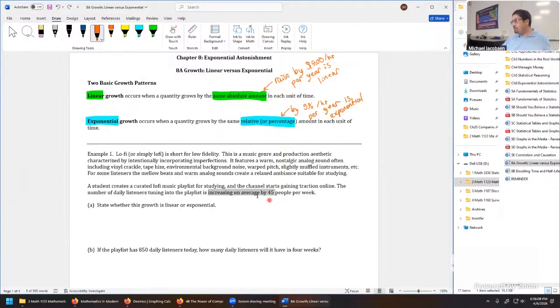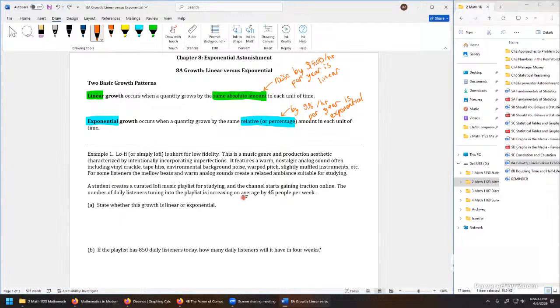And on average, it's 45 per week and looking stable. So that means in the next week, it might go up 30, it might go up 52, but this is just going to be their prediction. They're expecting it to go up by about that amount, like you said. And I agree, the word average thrown in there kind of muddies the waters right here. We're saying the same amount, and now we're saying here, on average, it's going to go up by that same amount. But does that make sense with the question there so far?